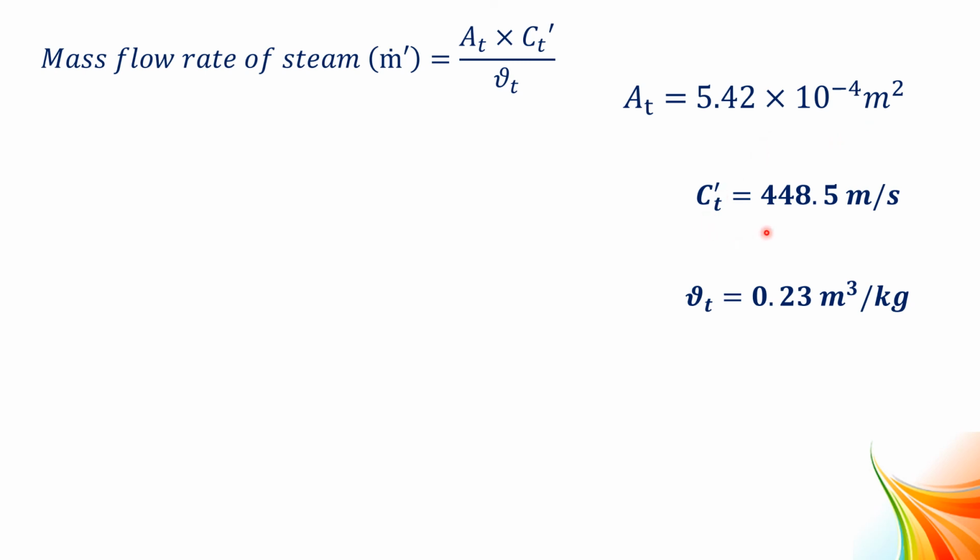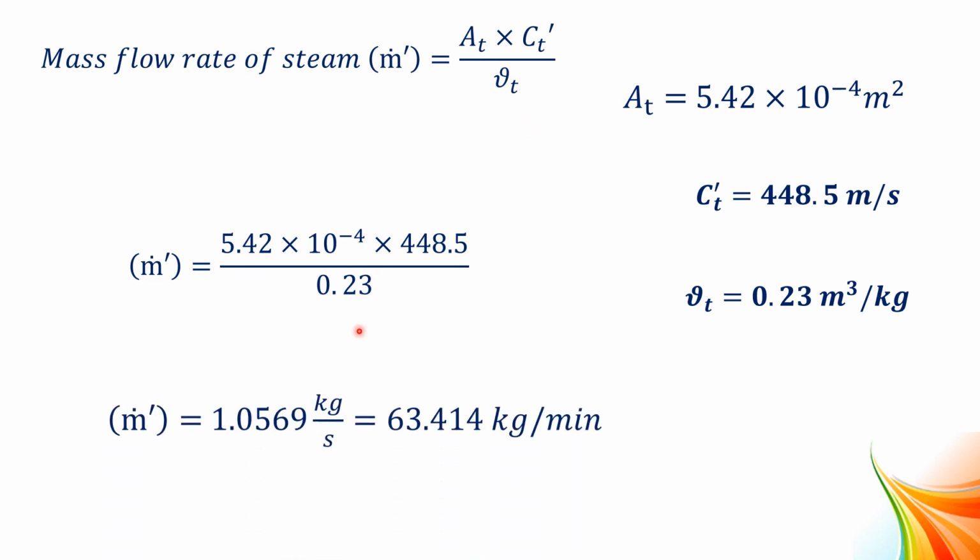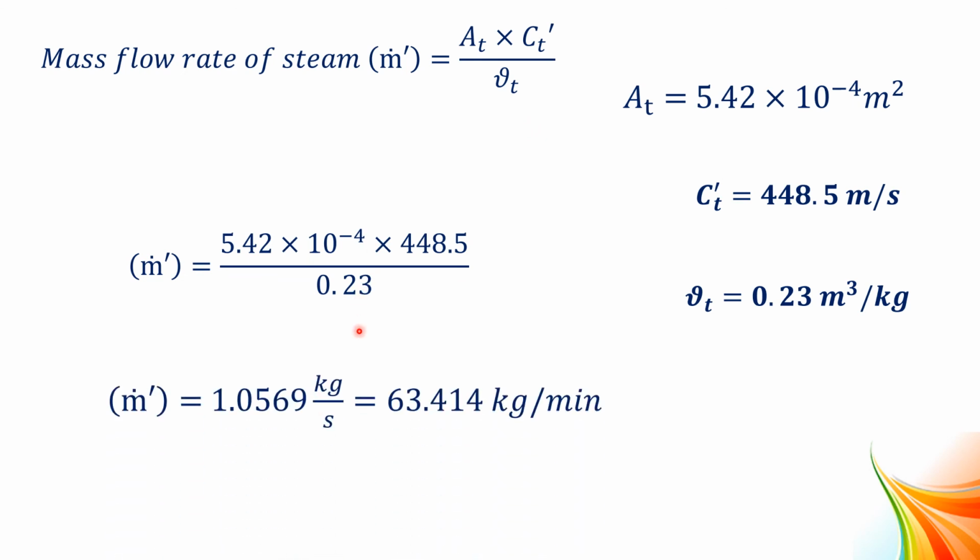Ct dash equal to 448.5 meters per second, and Vt equal to 0.23 meter cube per kilogram, which is obtained from the pressure volume relationship. Now substituting these values in this equation, we get the mass flow rate m dot dash equal to 1.0569 kilogram per second, equal to 63.414 kilogram per minute.